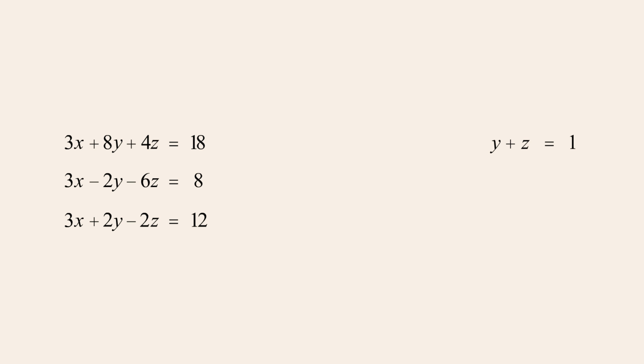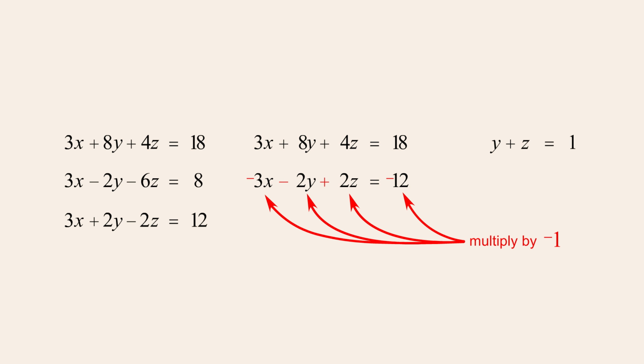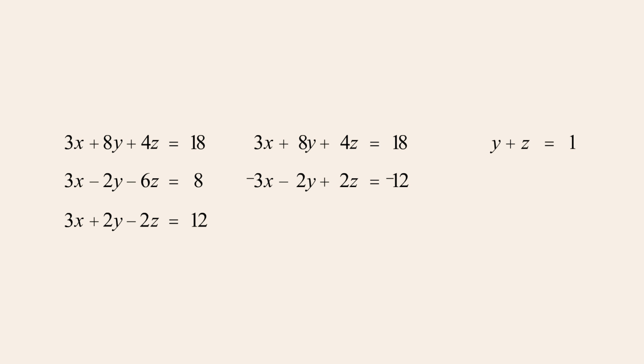Now we pick a different pair of equations and eliminate the same variable x. This time, let's pick the first and third equations. Multiplying the third equation by -1 and adding the equations, we get 6y plus 6z equals 6, or dividing by 6, y plus z equals 1.